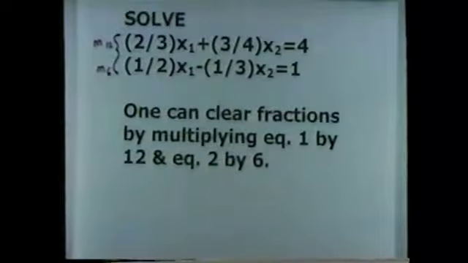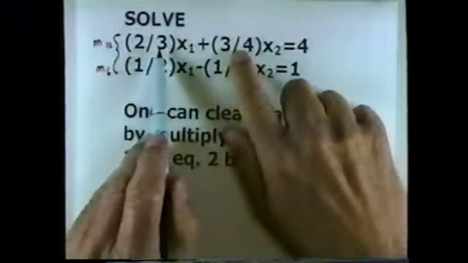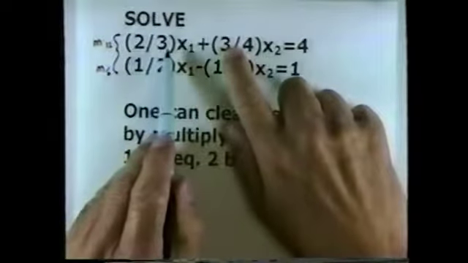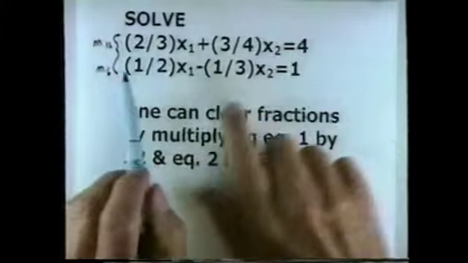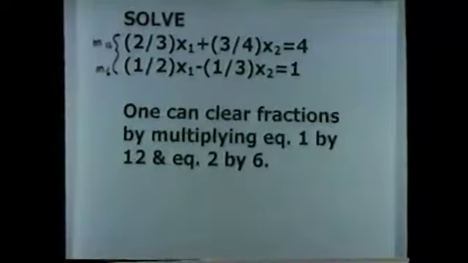Since we're multiplying both sides of each equation by the same thing, the left side and the right side, that makes it legal.